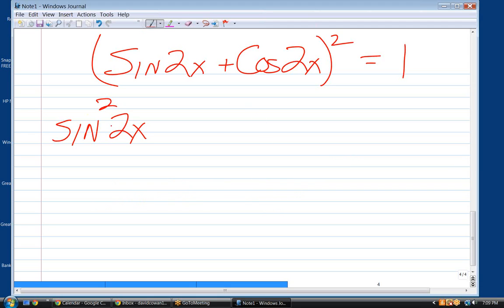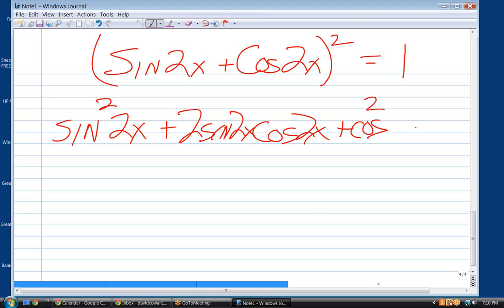So we get sine squared 2x plus 2 sine 2x cosine 2x plus cosine squared 2x equals 1. Right? What is this plus that equal to? Sine squared 2x plus cosine squared 2x is equal to 1.